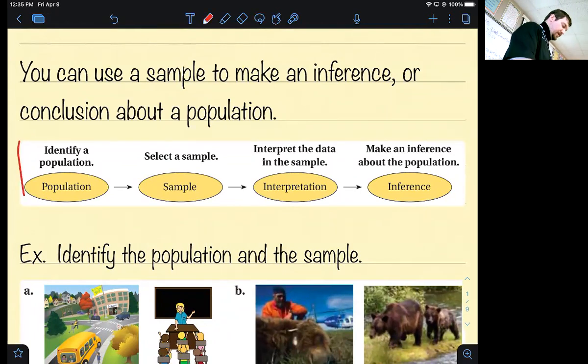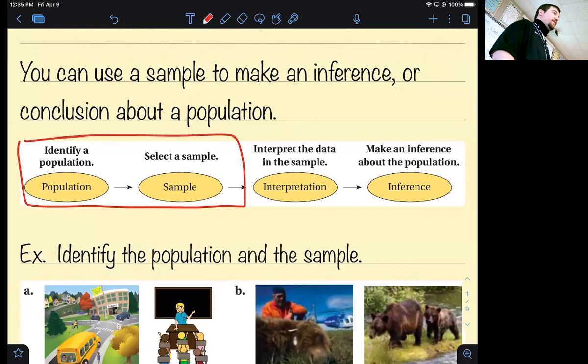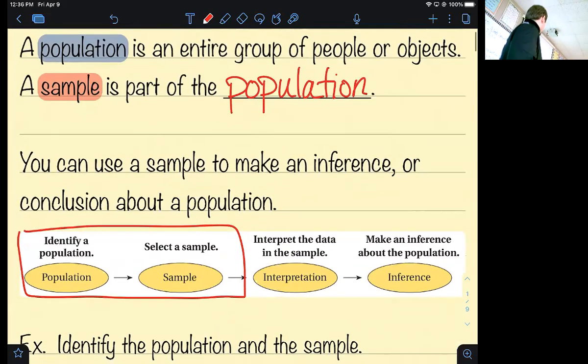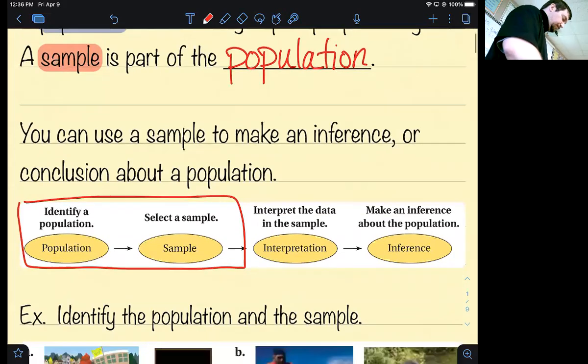We're talking about the precursor, what you do before you find the mean, median, and mode and start analyzing the data. And once you analyze the data, then you can make a decision. That's what an inference is. An inference is a conclusion. So now I can say, with these results, I believe that this many students are the ones that I predict would do an after-school sport.